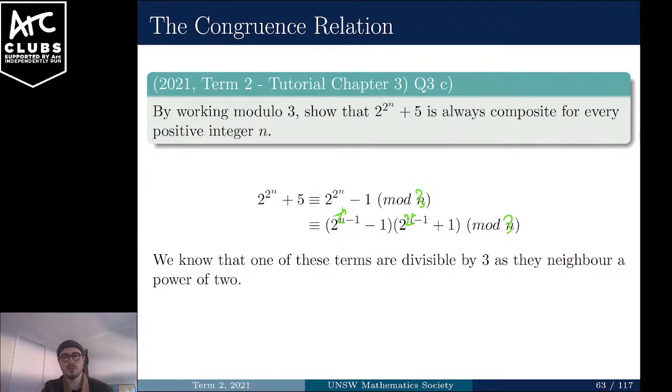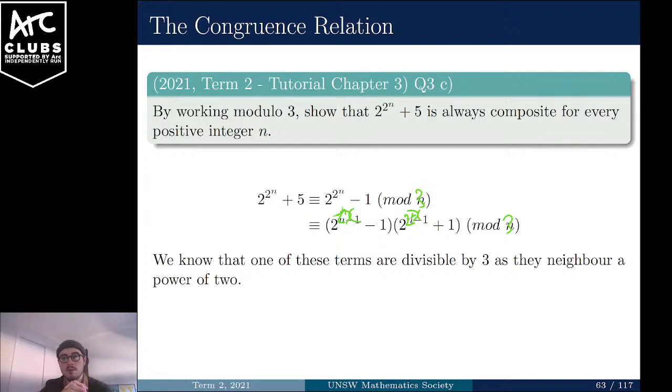We can split this up into a difference of 2 squares, and regardless of what this power is up here, you can see that we've got a power of 2, and we're looking at the numbers either side of it, so plus minus 1. If you're thinking about 3 consecutive integers, one of them is guaranteed to be divisible by 3.